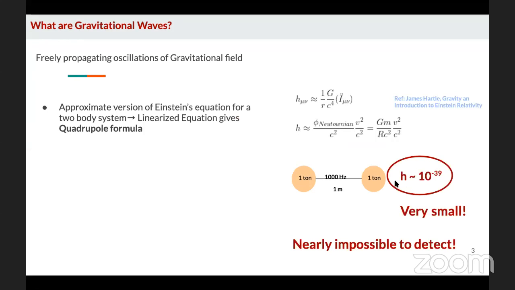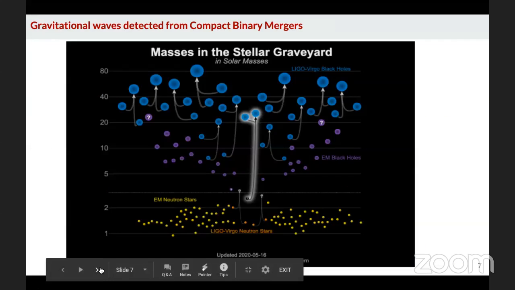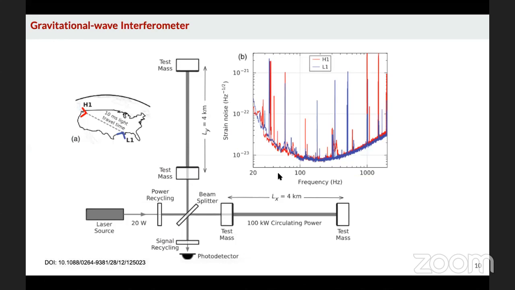This number corresponds to somewhere around 10 to the power minus 39, which is very, very small. In the LIGO detector sensitivity curve, this 39 comes somewhere at the bottom. So you need heavy masses in order to detect any kind of sources out there, and we have to cross this barrier.